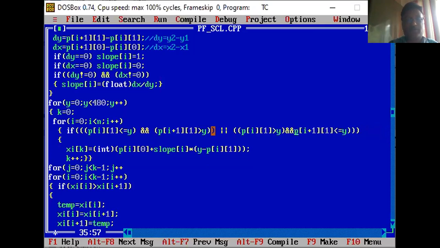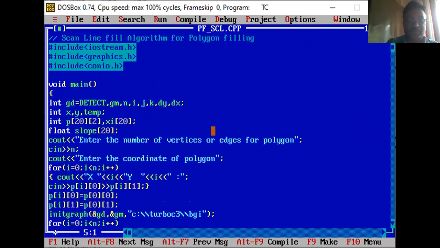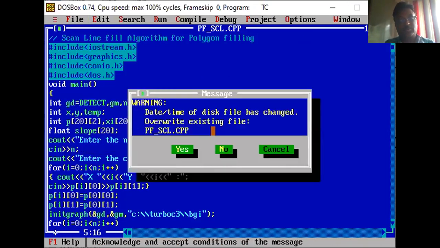P of, whatever condition, P of and then P of bracket we need, sorry, and then P of i plus 1, okay, then less than, correct. Okay, so see, you have to include dos.h, because you are using delay. Why am I using delay? Because we need to see whether the lines are going to be drawn or not. Include dos.h. Okay, Mayank.